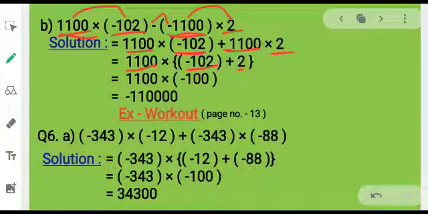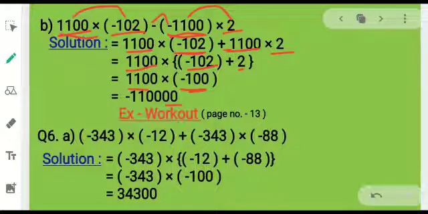When we multiply 1100 by minus 100, 1100 is positive integer and 100 is negative integer, so product of plus and minus is always minus, and 1100 multiplied with 100, we have to write 2 zeros after 1100. So without any calculation, now we have the final answer. Move to the next question.